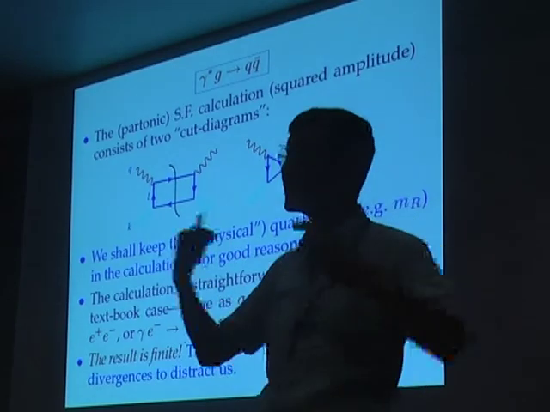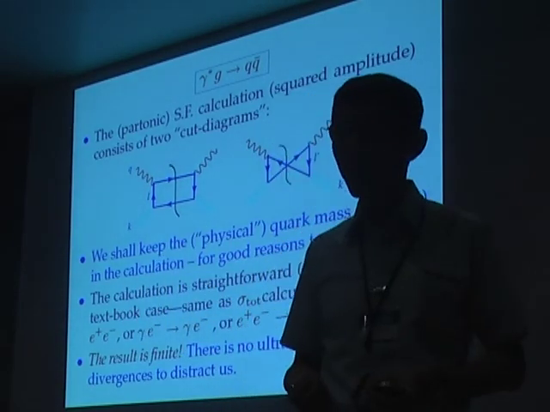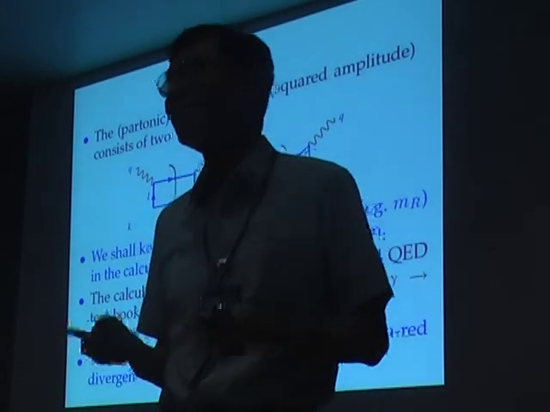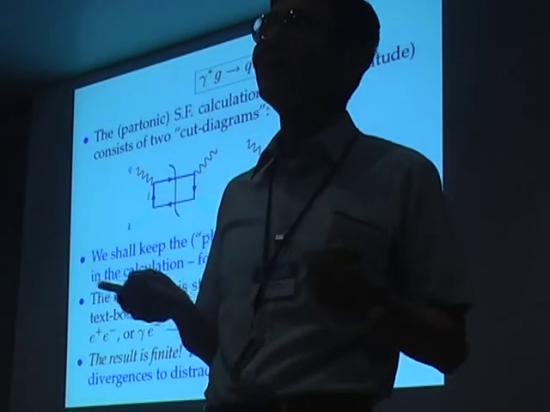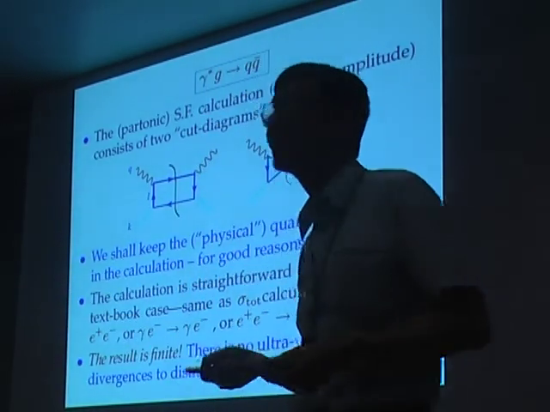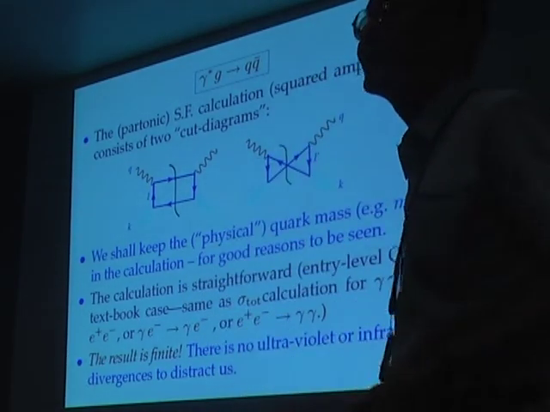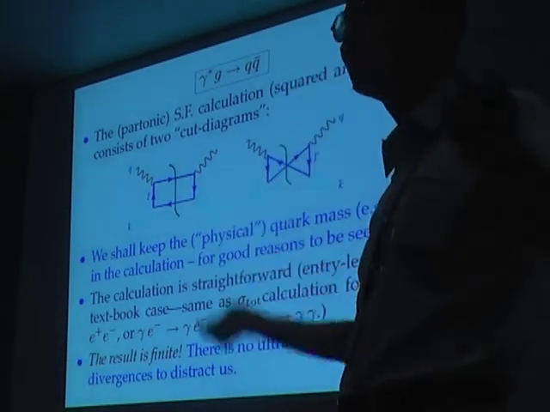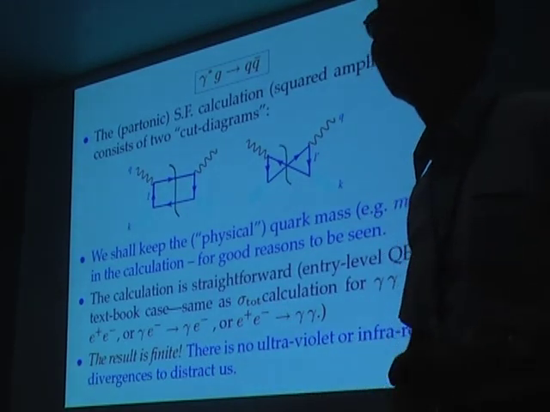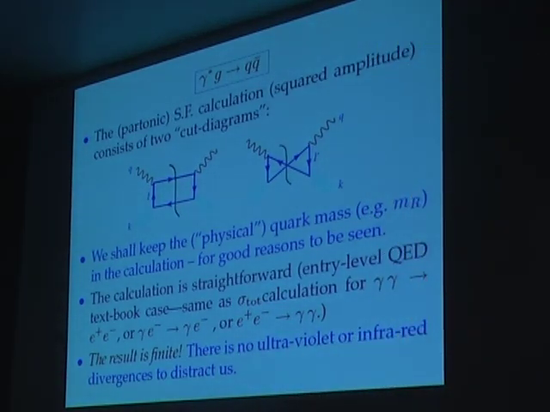Many people know this implicitly, but the formal proof only happened in 1997, 98 or so, when John Collins showed that the full, complete proof of factorization doesn't depend on the mass at all. So this simple example underlies that fact.